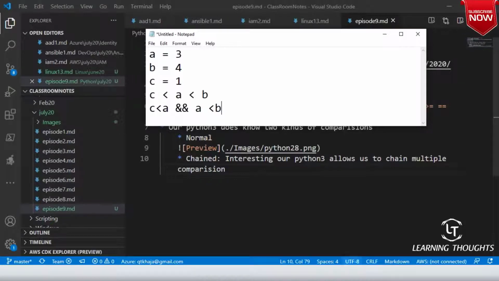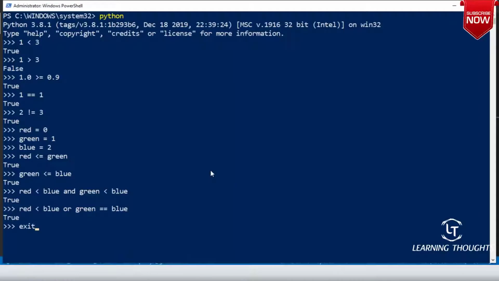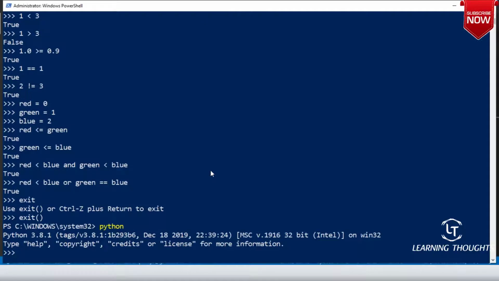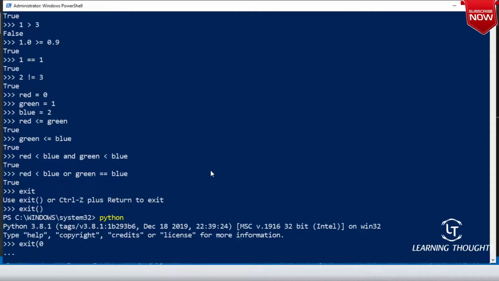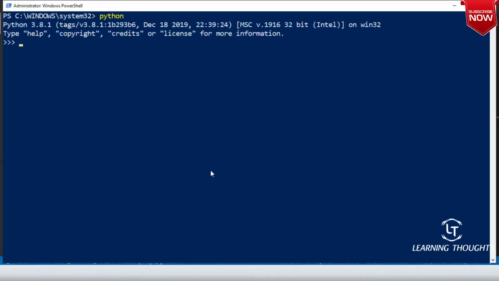Okay. So let us see if Python knows this. Let me exit. Let me use the same red, blue, and green. Red is 0.